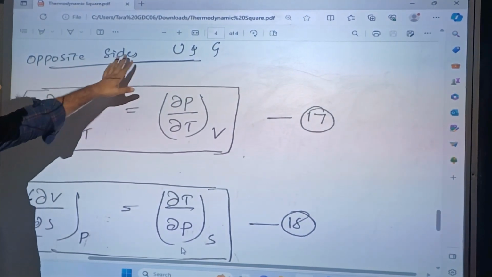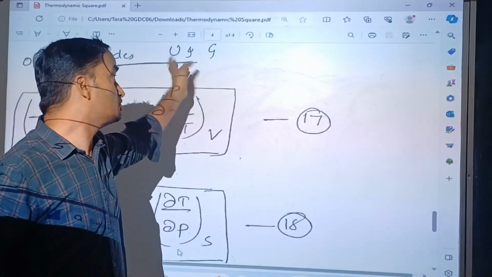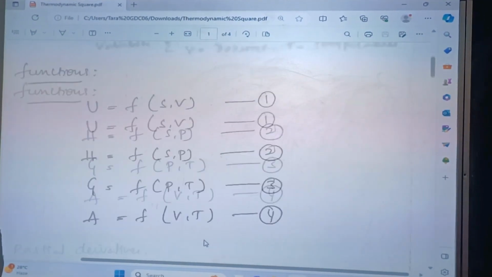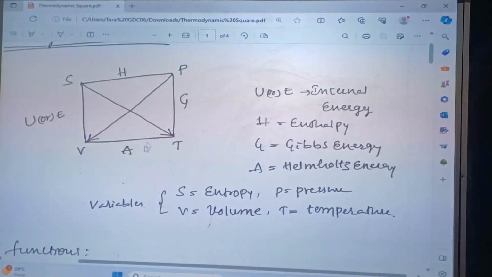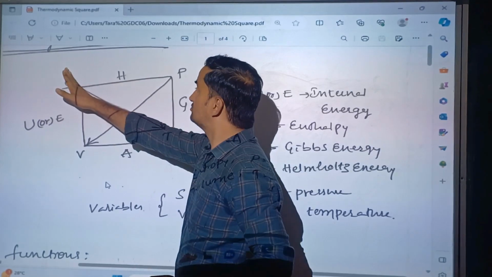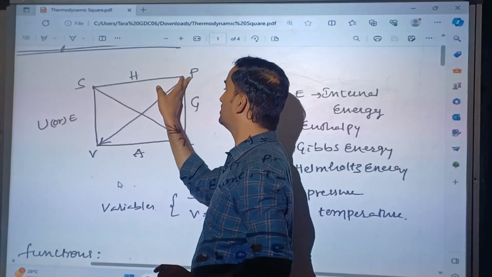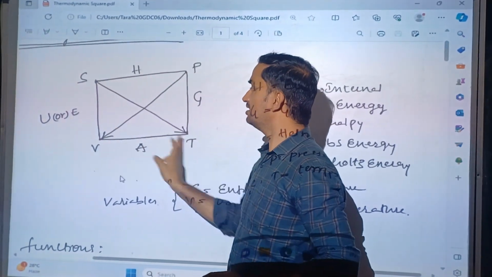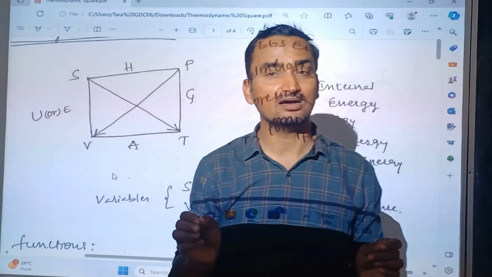Now these two we got by considering the opposite thermodynamic potentials U and G. Now we have to take the opposite, H and A. If we take opposite sides like this, this one by this one equals this one by this one: ∂S/∂P equals ∂V/∂T. For the constant, we always consider the numerator.